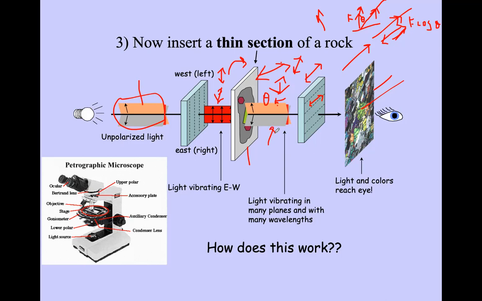But when you can't identify them because some minerals are giving the same natural color, in that case you have to insert the second polarizer and see their behavior after the second polarizer. The first polarizer might give you the same color for two minerals, but when you insert the second polarizer, those two minerals will give two colors. So in that case, you can distinguish those two minerals. For that purpose, we use this second polarizer.